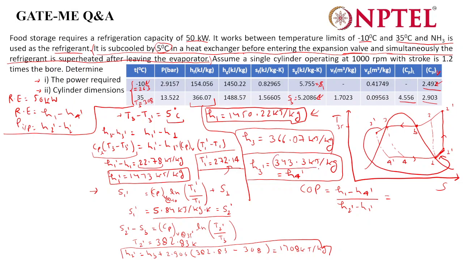And this is H2 dash. And H1 dash we have calculated here. So can you let me know what the COP is? First tell me, H1 minus H4 dash, what is it coming to?